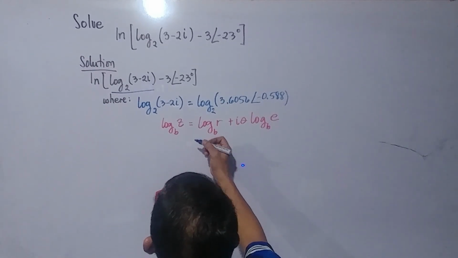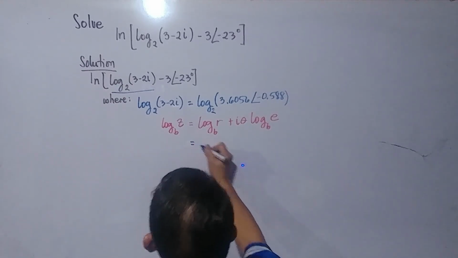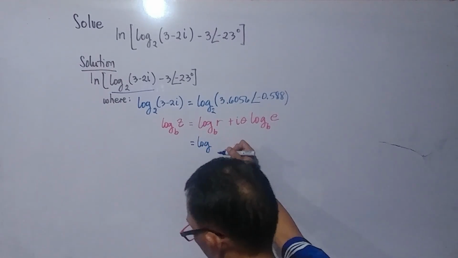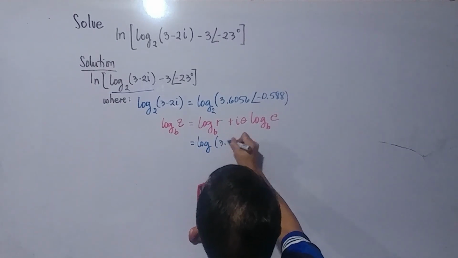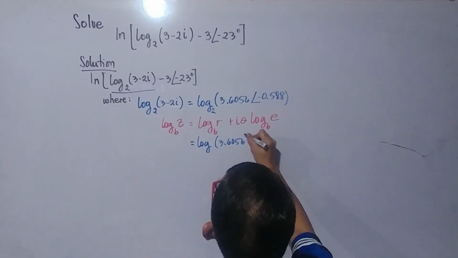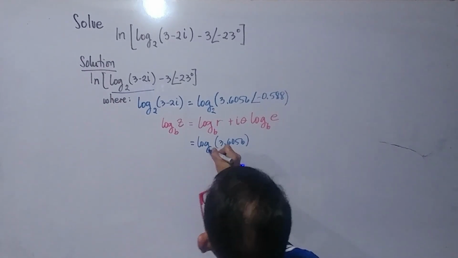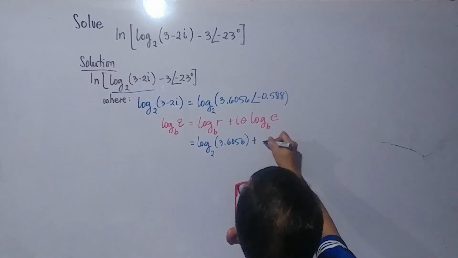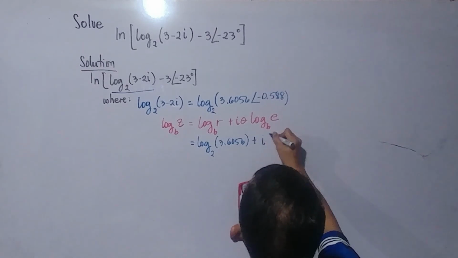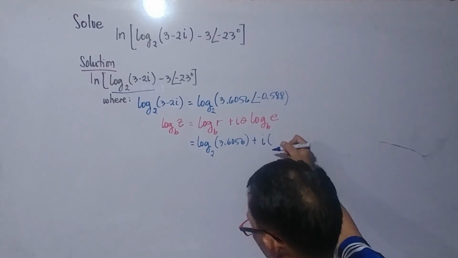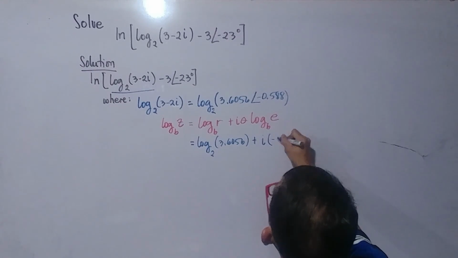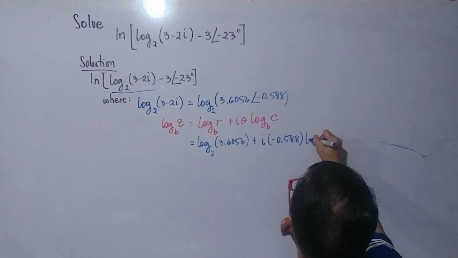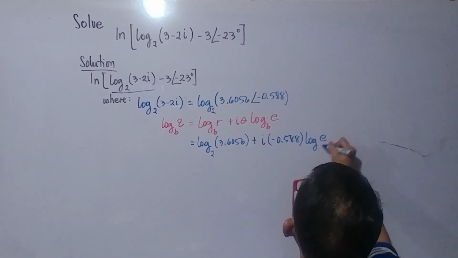So we have now the logarithm of 3.6056 base 2 plus i times negative 0.588, the logarithm of e base 2.